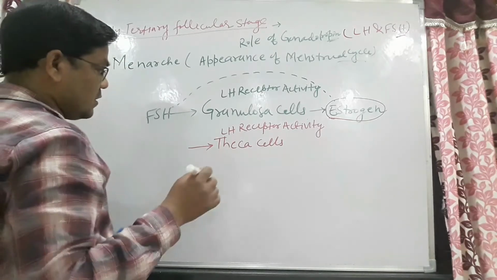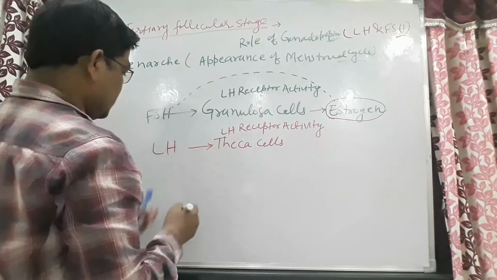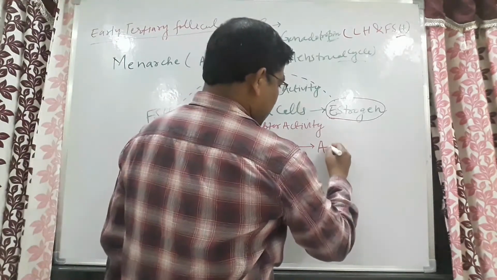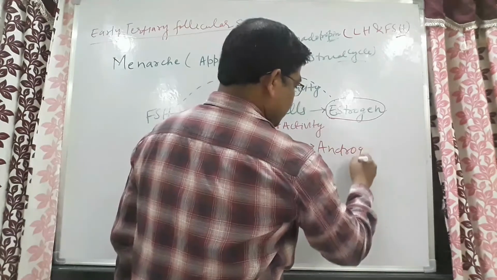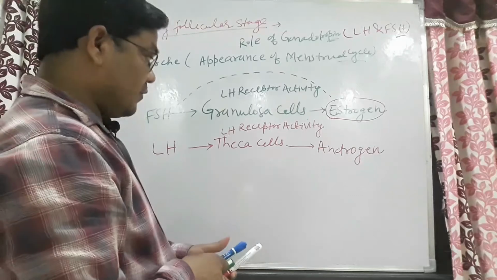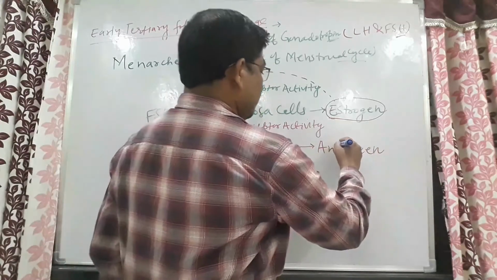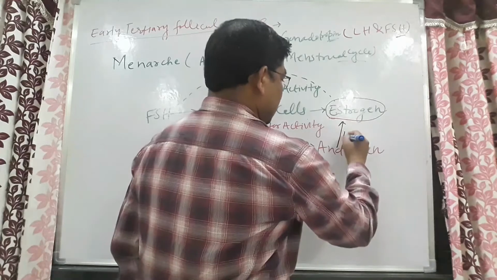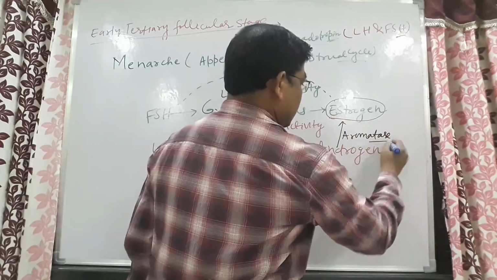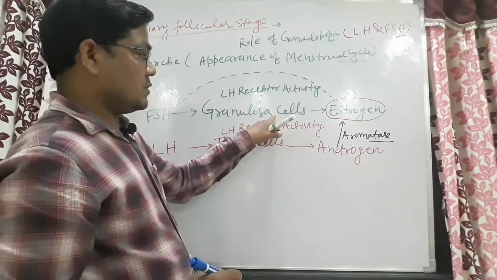On stimulation by LH, these theca cells will produce androgen. This androgen will further get converted into estrogen by the enzyme aromatase in the granulosa cells; these androgens become the substrate for the granulosa cells.